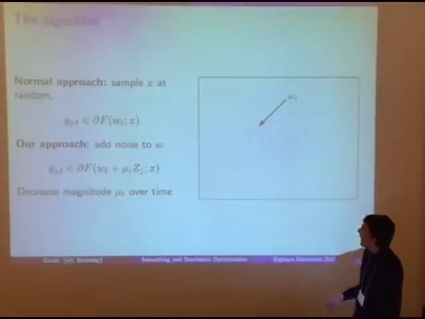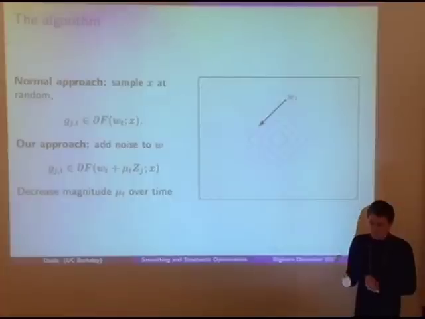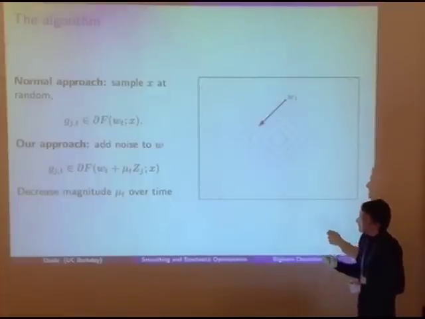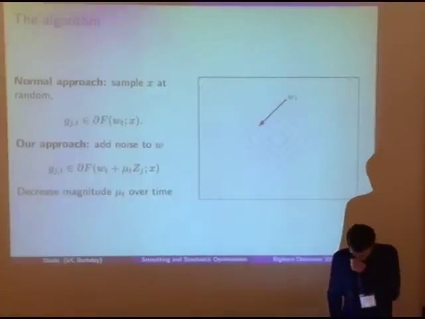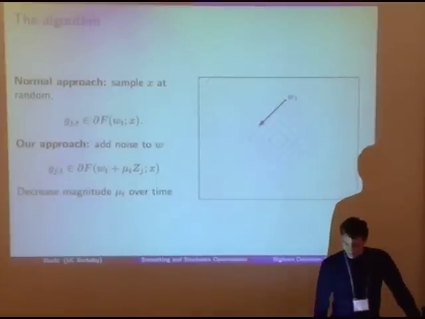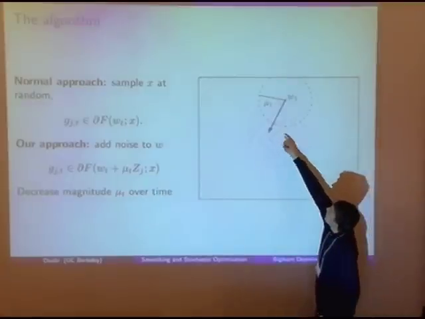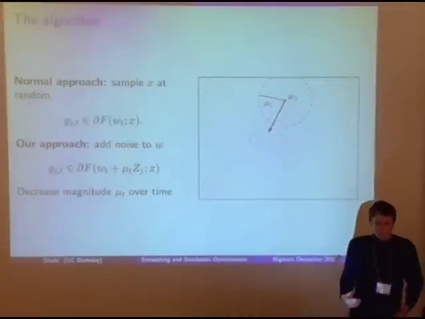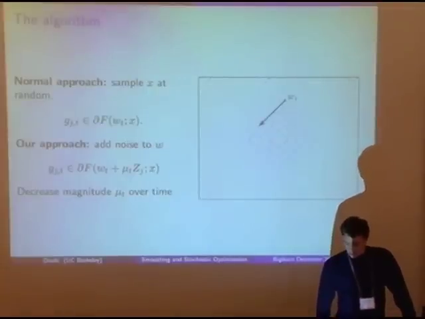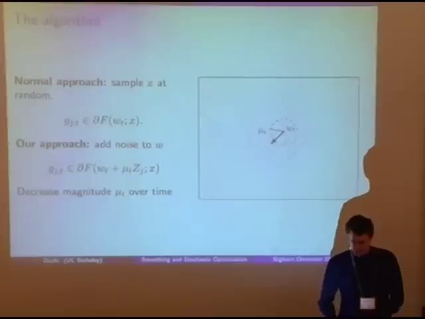Our approach is to add random noise to W, so we add some random perturbation, take the gradient there, go in that direction, and then decrease the magnitude of the noise over time. Essentially this smooths out our gradient estimates and makes them point in a more correct direction. So we went from here to here, and as we get closer to the optimum, we decrease the amount of noise we're adding in.